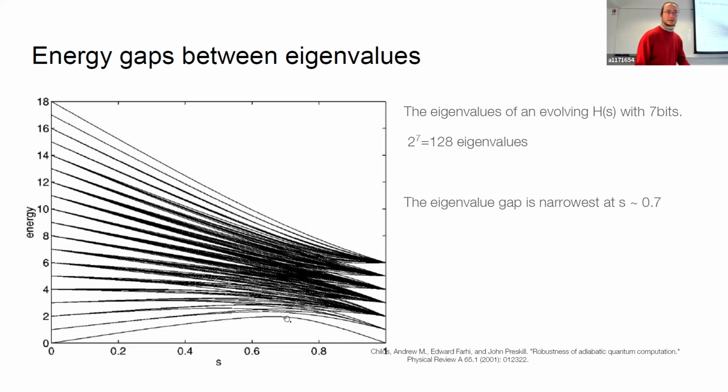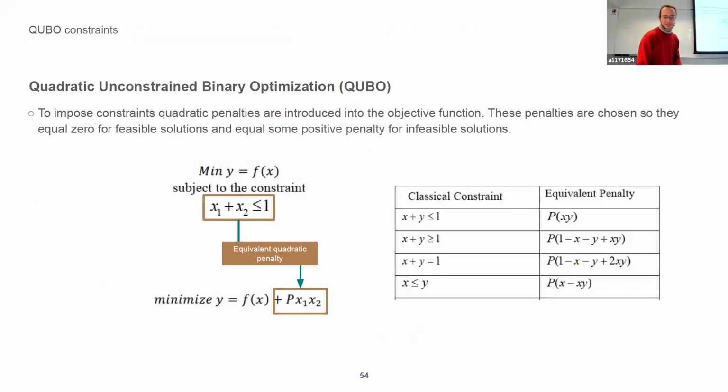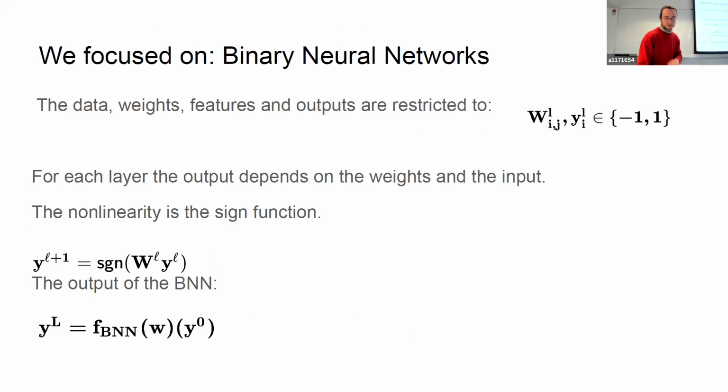And then in about 10 years, people started having these machines, and the kind of problems you can solve are quadratic unconstrained binary problems, where you are minimizing a function that can be written as a polynomial of degree 2 with binary variables, which classically is an NP-hard problem if you have a general matrix. And what we've done is to find an implementation of binary neural networks as a quadratic binary problem.